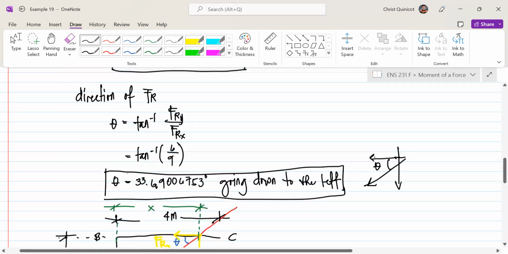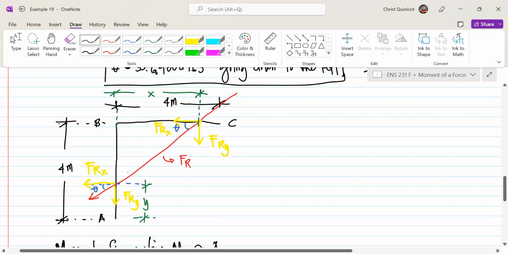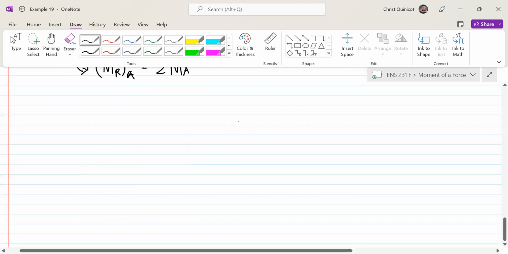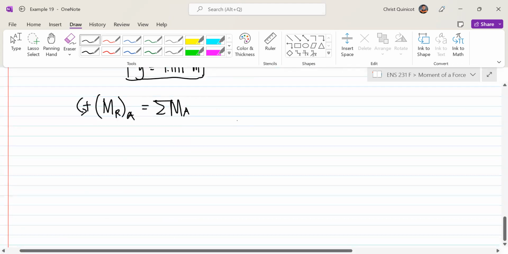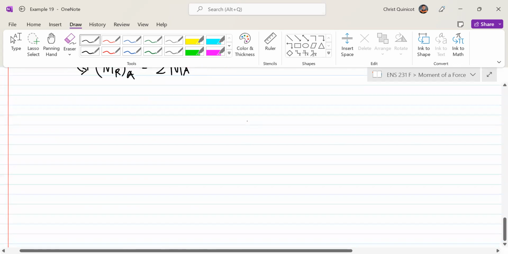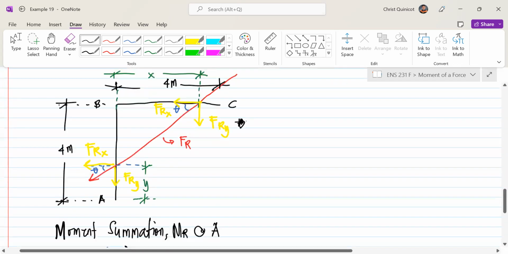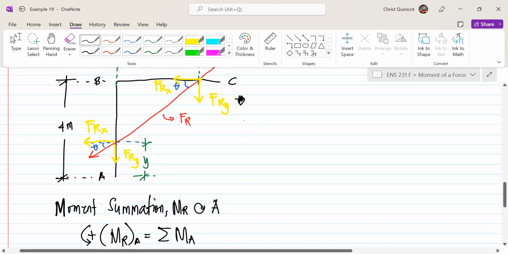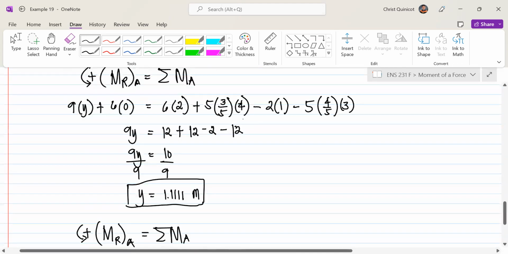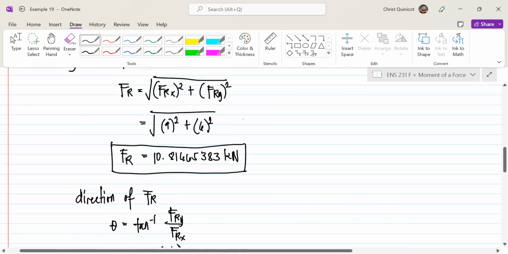But this time, we will bring our force to the boom BC, this part here, so that we can calculate our x, which is the perpendicular distance of our F sub Ry from A. So our F sub Rx from A has a distance of 4 meters, and our value for F sub Rx is 9.